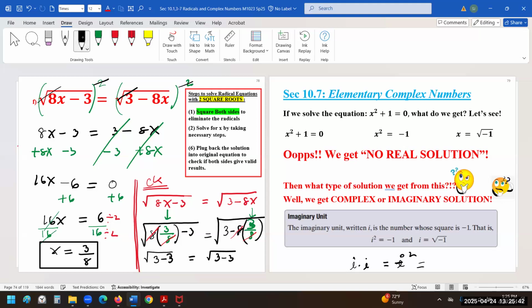Anytime you have i times i, i squared, it turns into the real number negative 1. Okay? So square root of -1 is i, but i squared, if you have two imaginary numbers multiplying, they turn into the real number -1, not positive. So remember this. Not any other number. i squared is -1.